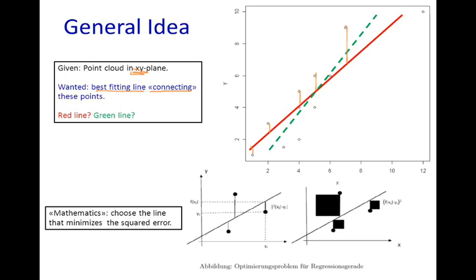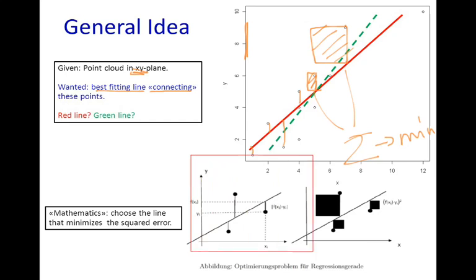As we have learned, or as you may remember, the minimal distance is the squared distance parallel to the y-axis for each point. We sum up all these squares, and this thing needs to be minimal. We see this again in the illustration down here as a mathematical statement that we choose this minimized squared error.